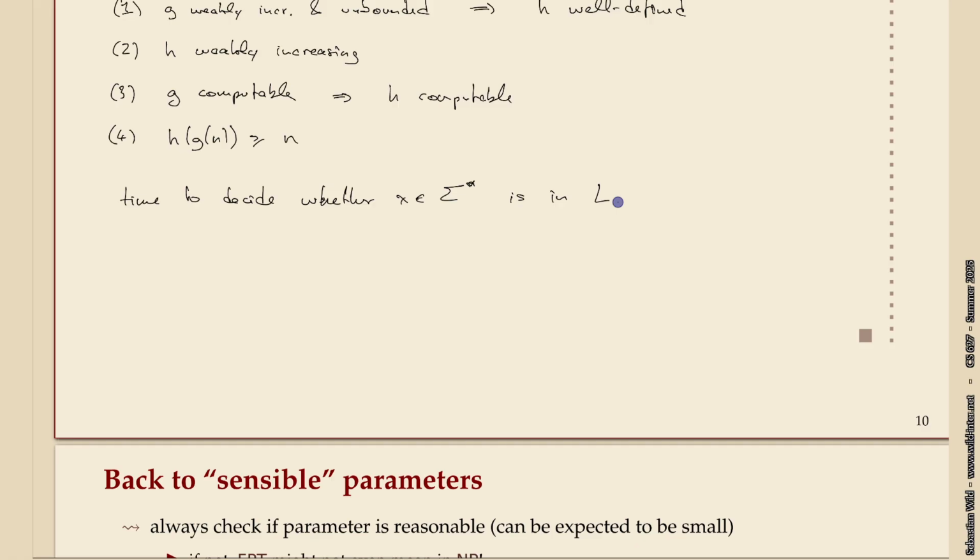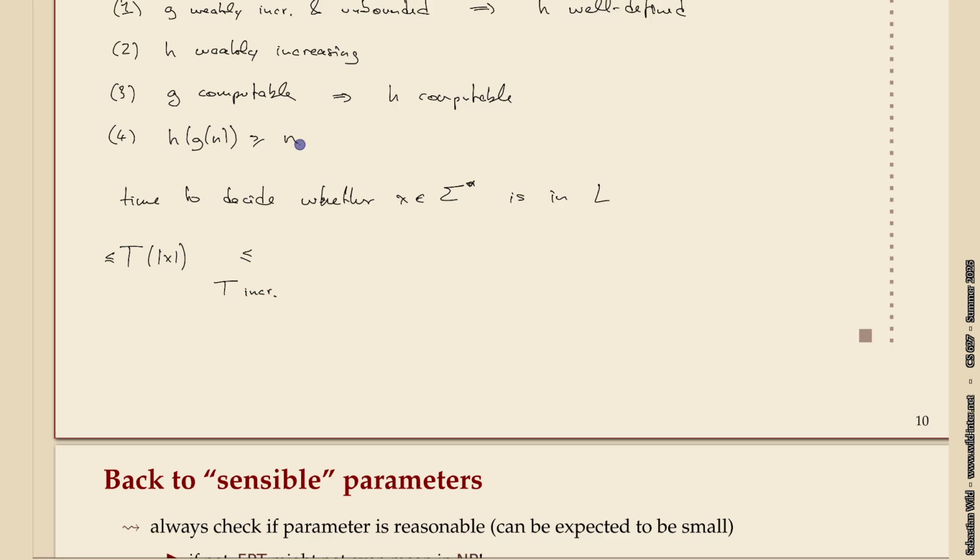So the time to do this, by definition, was bounded by t of the size of x. We said that's the definition. T was the running time of this algorithm that decides L. And now we're using that t is increasing, which means I can make the argument bigger and the overall function will only grow.